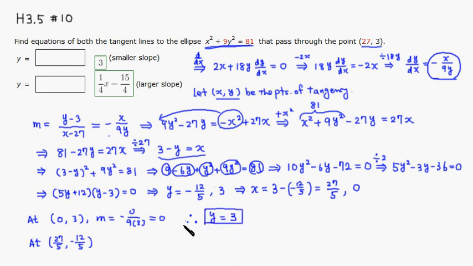The second tangent line, we have to find a slope m, right? Same formula, negative x is 27 over 5 over 9 times negative 12 over 5, right? So multiply top and bottom by 5, so you can get rid of this bottom 5, right?